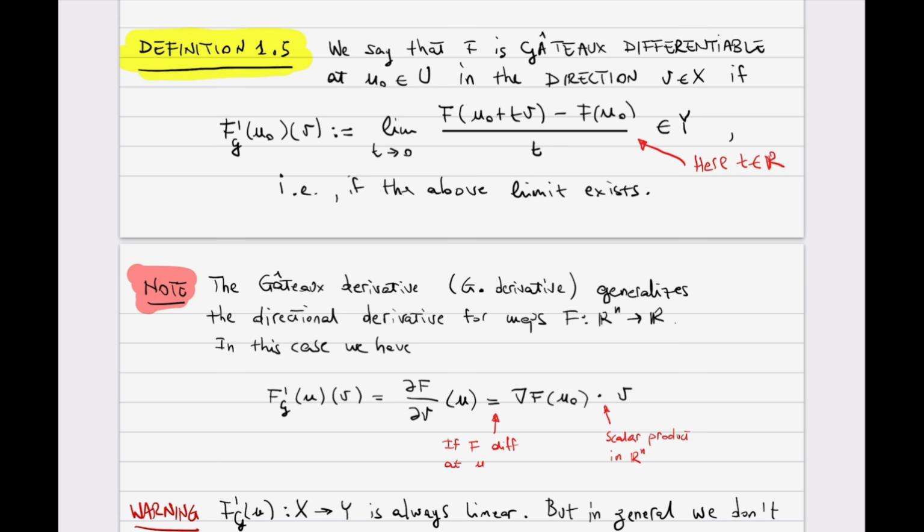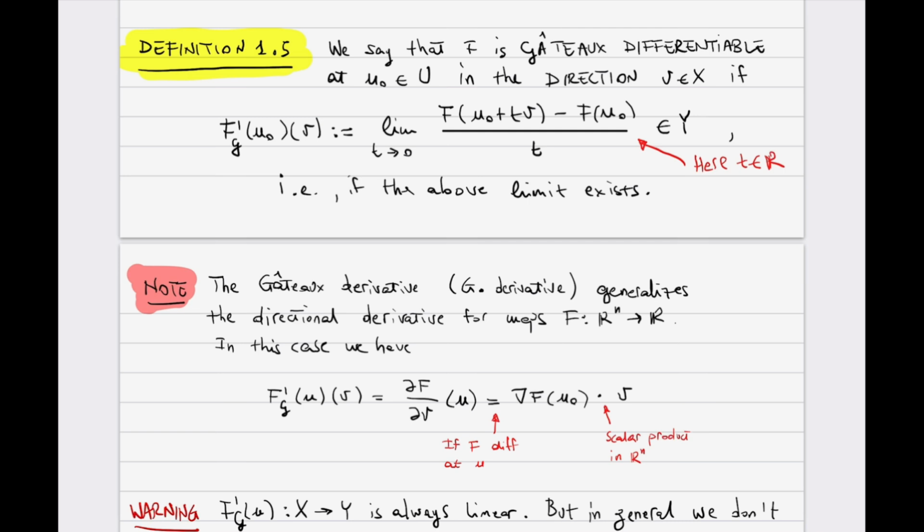For example, take a function from R^n into R and suppose that this is differentiable. Then if you try to compute the Gateaux derivative of f at some point u along the direction v, you can see from this definition here that you just get the directional derivative of f along the direction v at the point u.